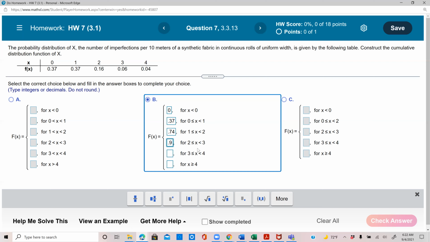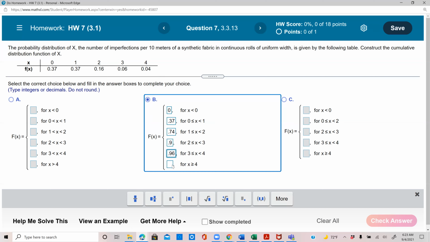Similarly, you don't pick up anything until you reach 3. And when you are equal to 3, you pick up 0.06. So add on 0.06 to 0.9, and you get 0.96. Then you pick up nothing until you reach 4, and at 4 you pick up 0.04.